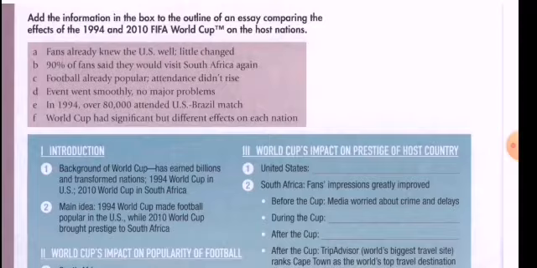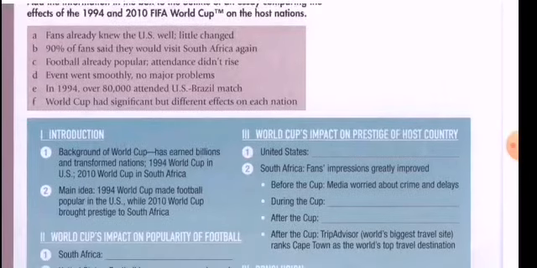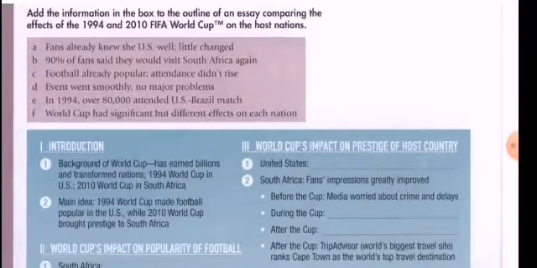As you know, every 4 years the FIFA World Cup takes place, and in 1994 it was held in the US, and in 2010 it took place in South Africa, and you are asked to compare and contrast them.